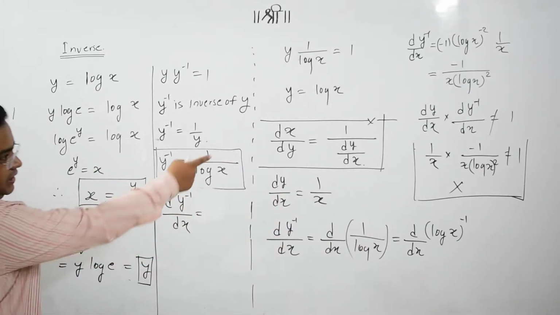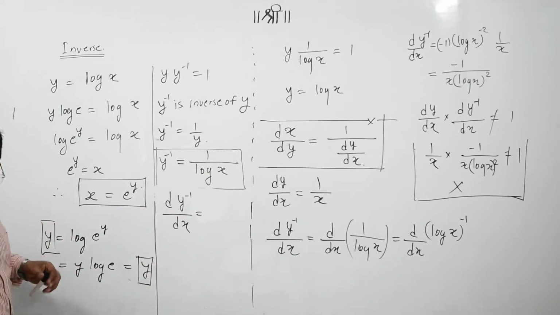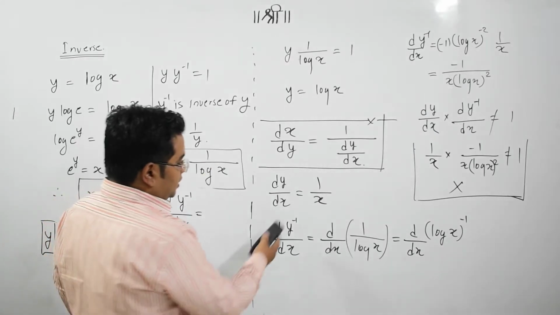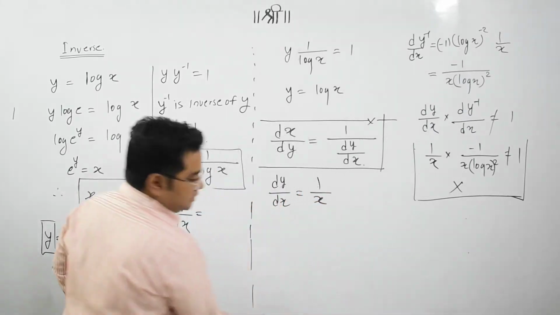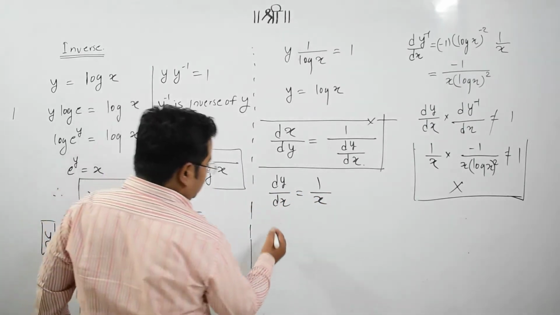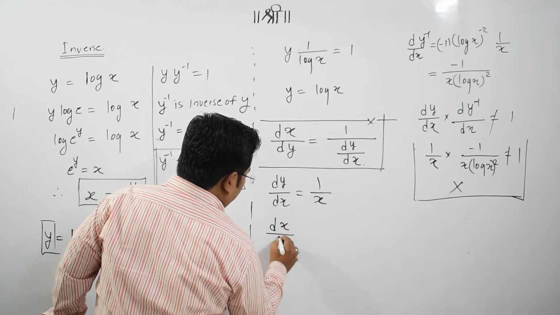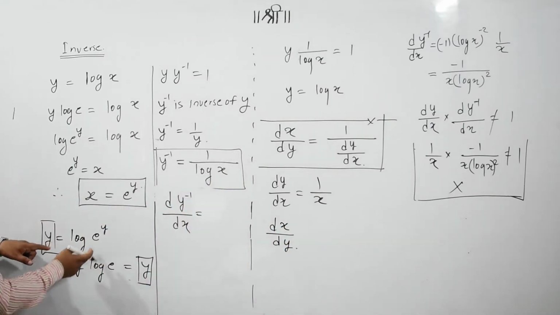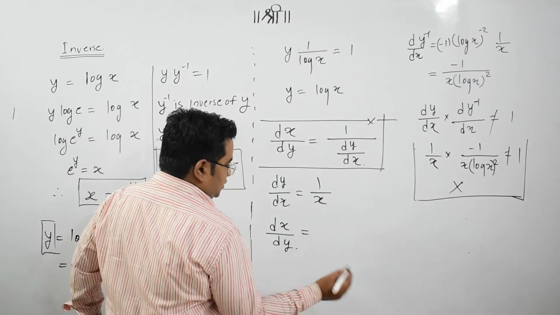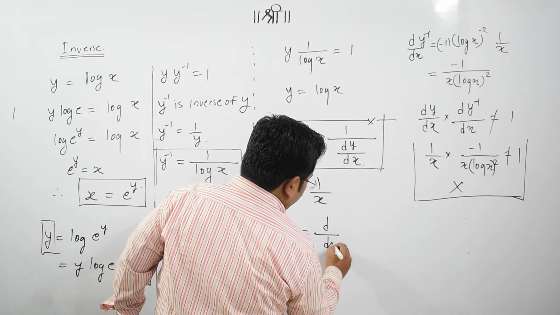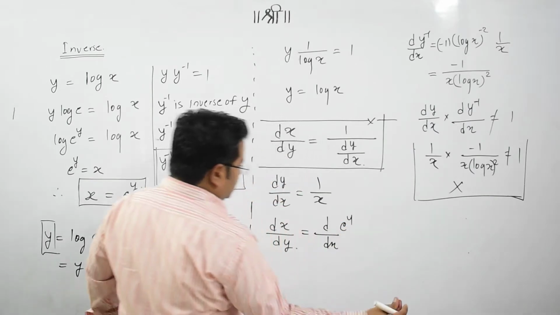Now let me show you again how this equation is correct. So 1 upon x I have already done. Now I want to find the inverse. So I will do one thing particularly: dx upon dy. So what is our x? Our x is e raised to y. Substitute. So x is e raised to y. So d upon dy of e raised to y.